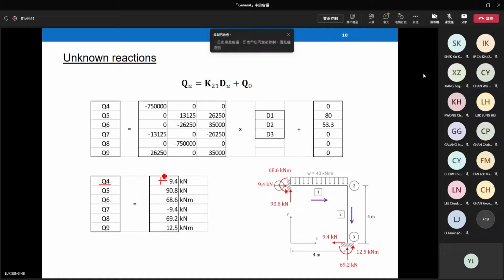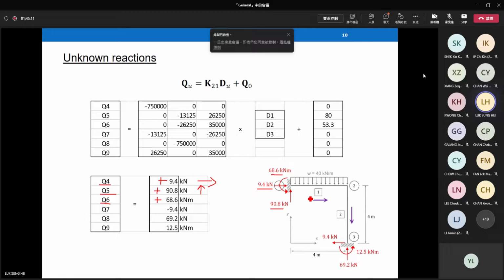Q4 positive means it is pointing to the right-hand side, right here. Q5 positive. Positive means pointing upward. Moment Q6 positive means the moment is an anti-clockwise moment.